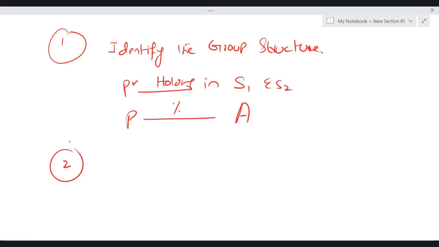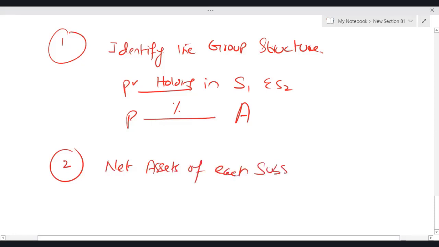When I'm calculating net assets of subsidiary at acquisition and at reporting date, this will be done for each subsidiary, because in SBR it is possible that you are having more than one subsidiary. So step two, net assets of each subsidiary.